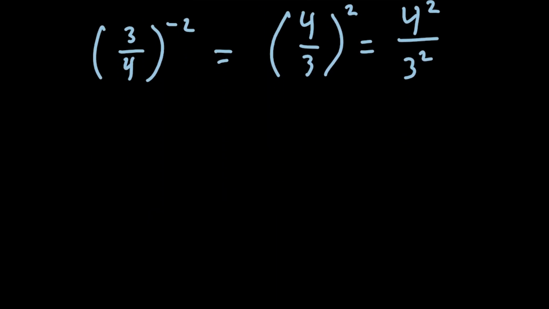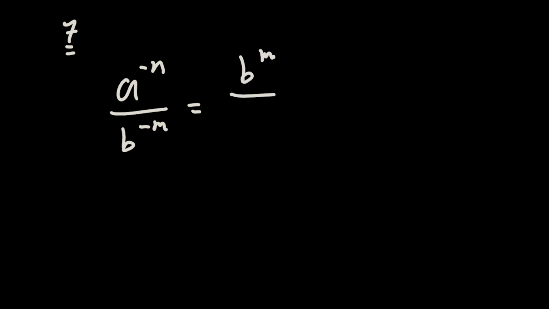Let's see the last property. Property number 7 says if we have a to the power minus n over p to the power minus m, that would equal p to the power m over a to the power n. So we are just flipping these values and making the powers positive.